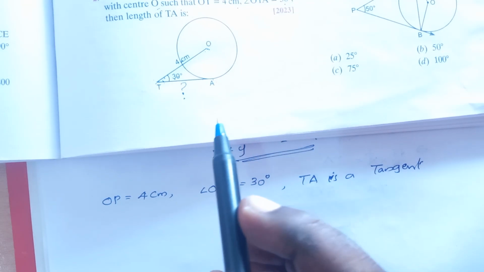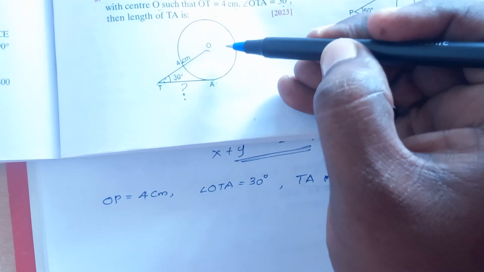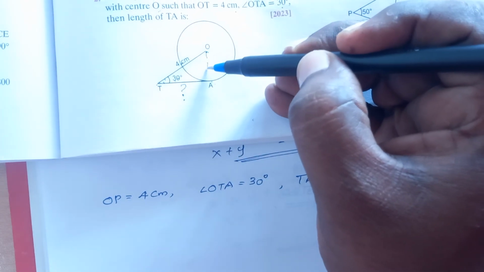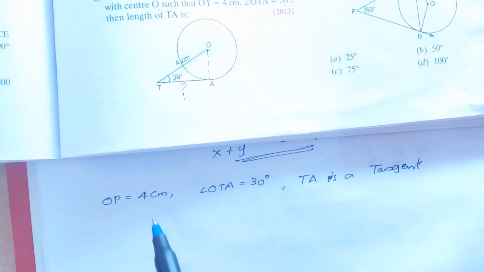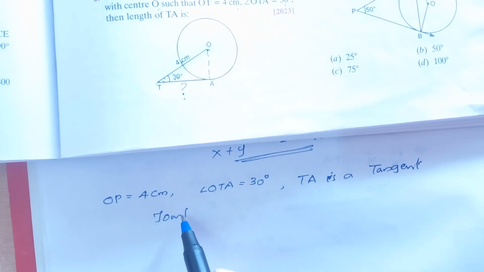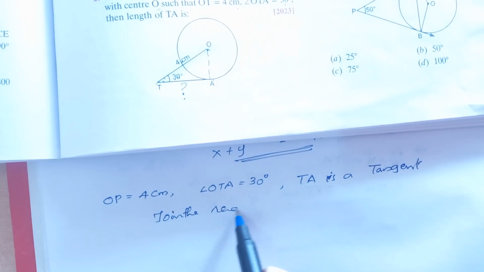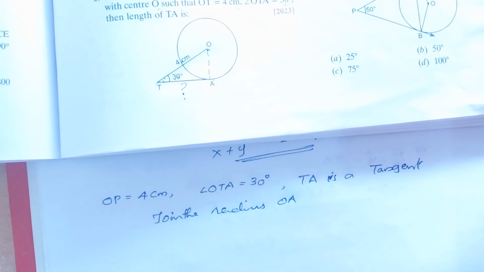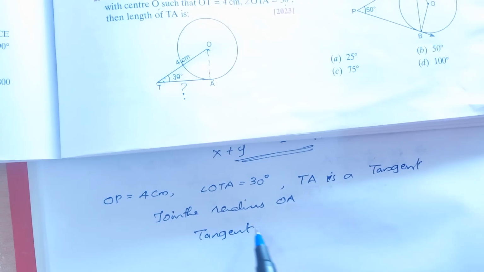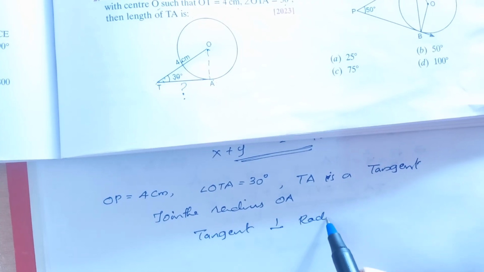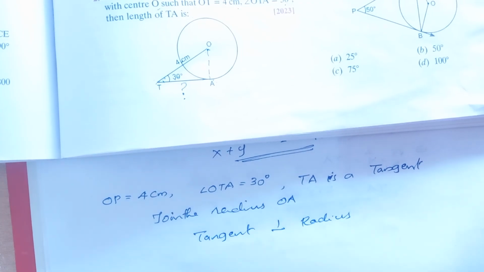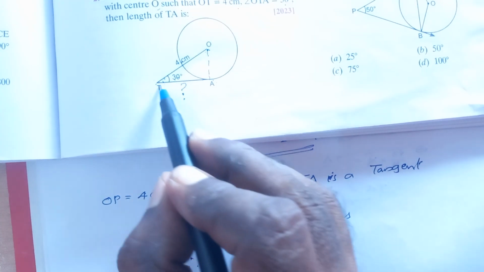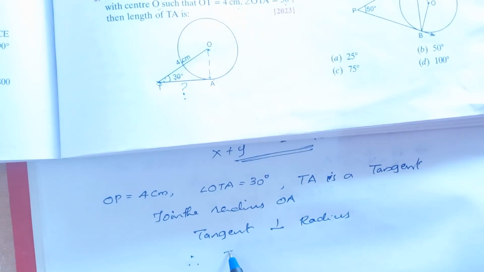Now to continue this process, we need to join OA, the radius OA. And already we know that the tangent is perpendicular to the radius. Therefore we can say the tangent TA is perpendicular to OA.